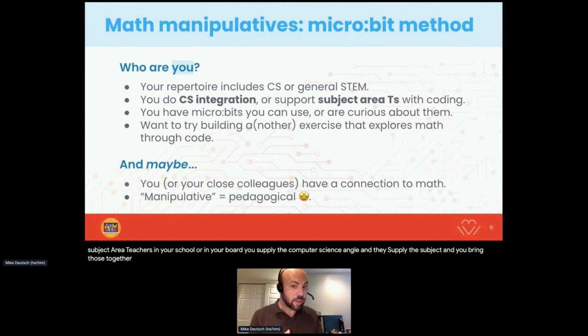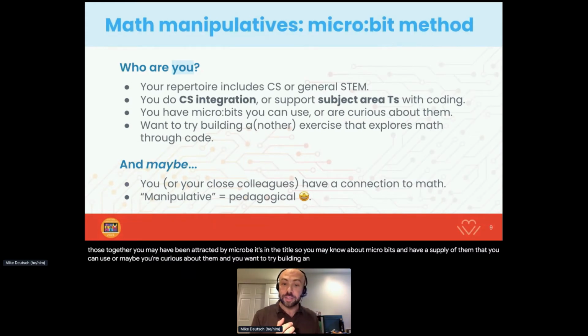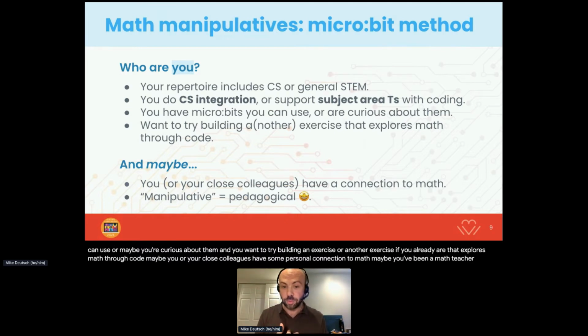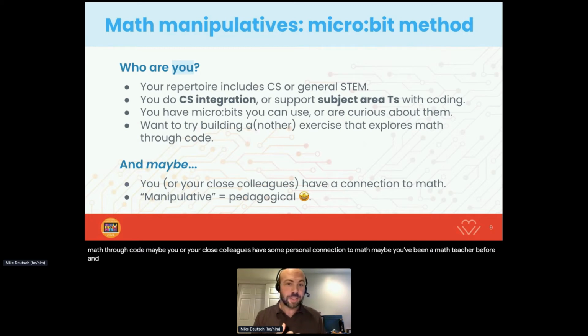You may have been attracted by micro:bits in the title, so you may know about micro:bits and have a supply of them that you can use, or maybe you're curious about them. And you want to try building an exercise that explores math through code. Maybe you or your close colleagues have some personal connection to math. Maybe you've been a math teacher before. And maybe when you see the word manipulative, you realize that that's pedagogical gold, and you came here to talk with other people about that. If that's the case, you're my kind of people.